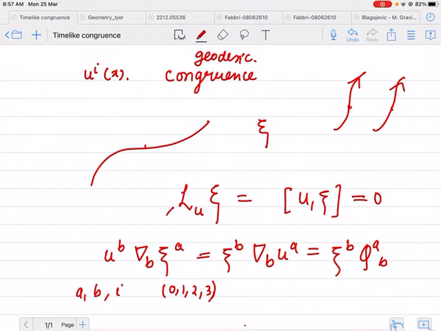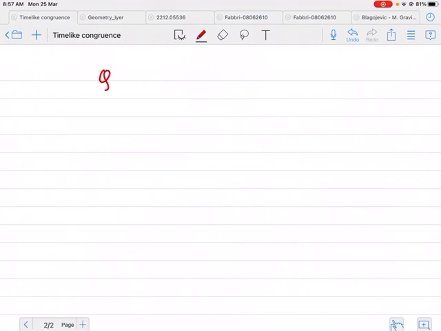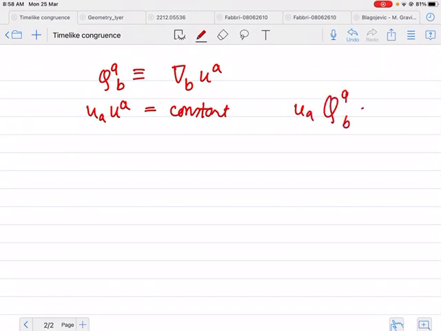So this Lie derivative equation shows that the quantity Q_AB, which is nothing but del_B u_A, determines the manner in which spatial separation between nearby particles changes with time as the fluid moves. The fact that u^A u_A is equal to a constant implies that u^A Q_AB will be 0.